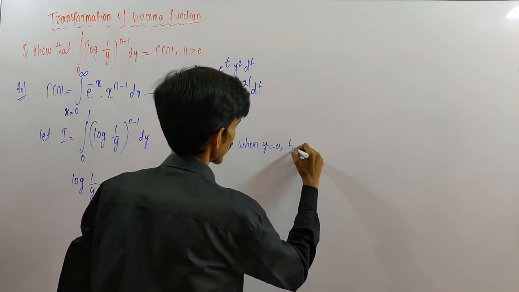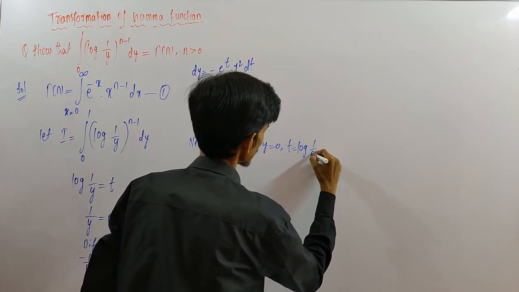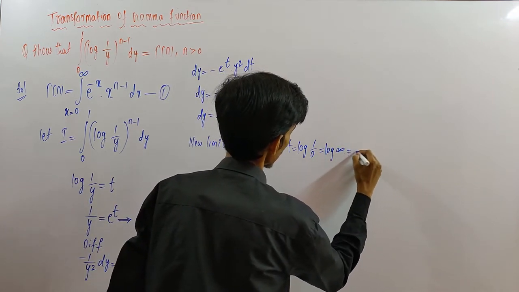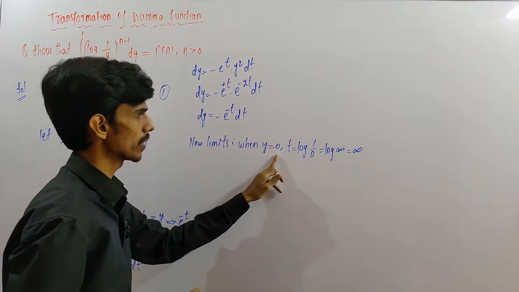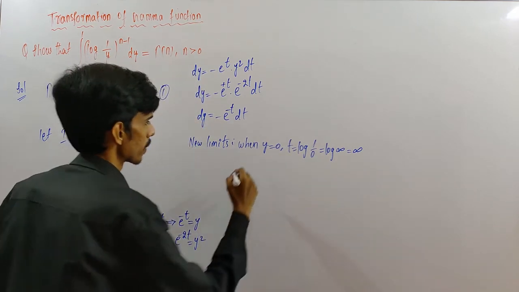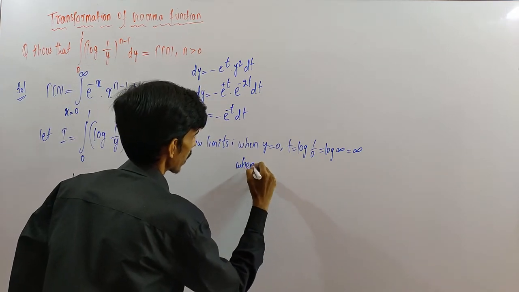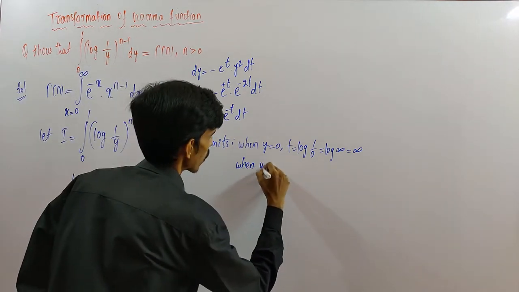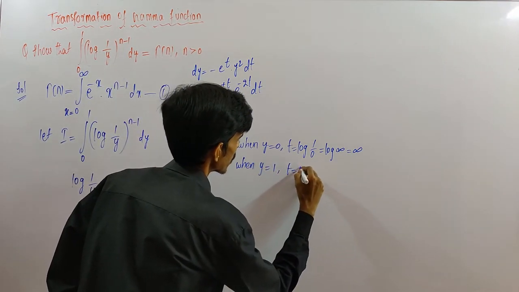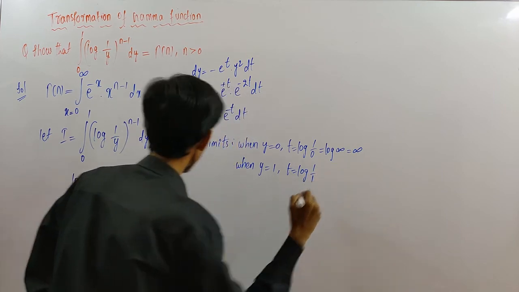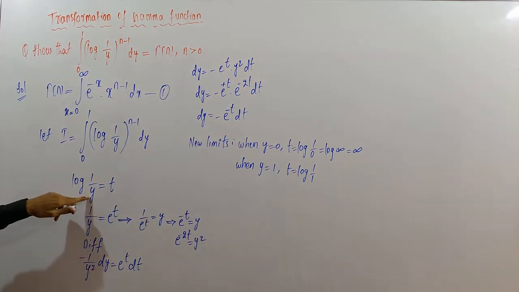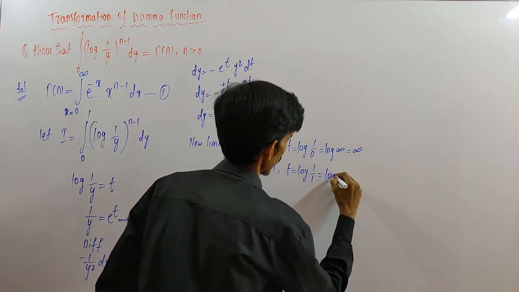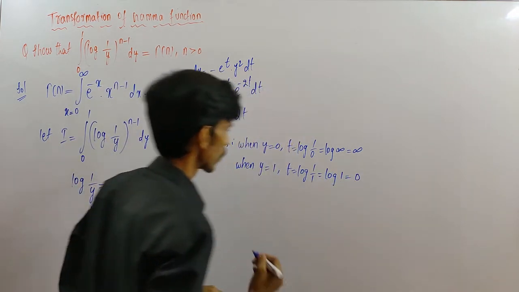That is t equal to log 1 by 0. 1 by 0 means infinity. Log infinity value is infinity. So when y is 0, we have t as infinity. Next we have upper limit. Upper limit for y is 1. Y is 1, then t is equal to log 1 by 1, that is log 1. We have log 1 value is 0.